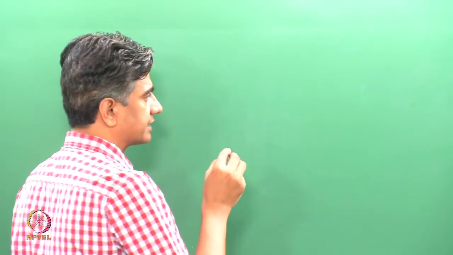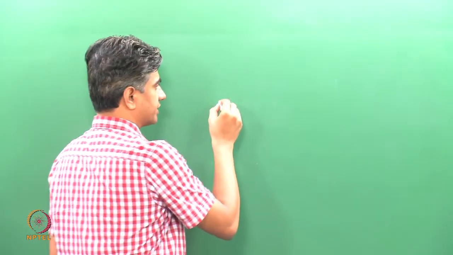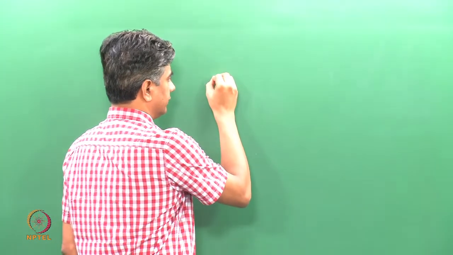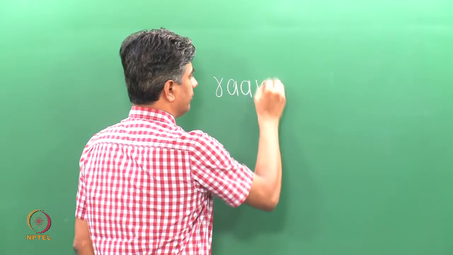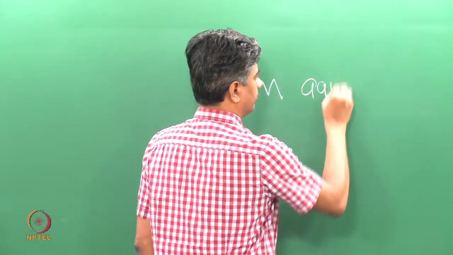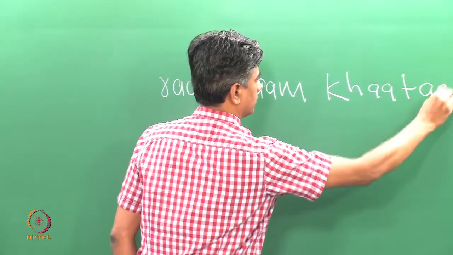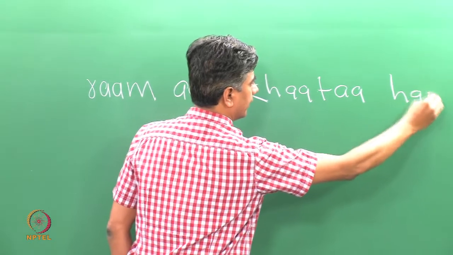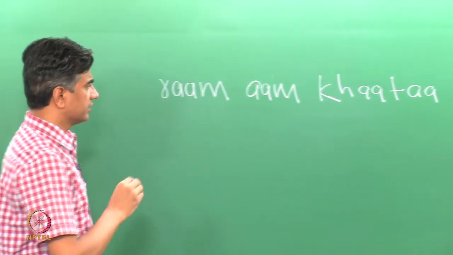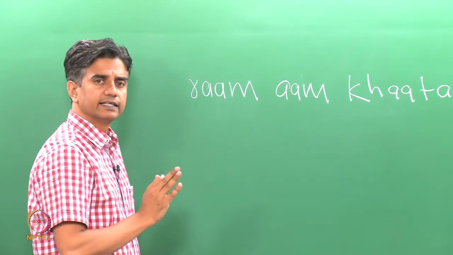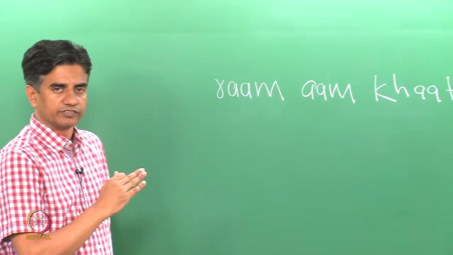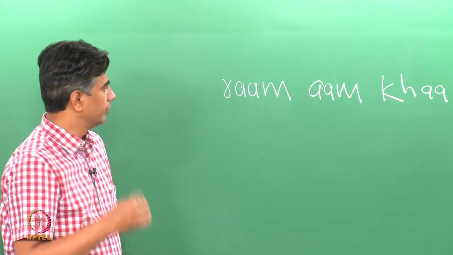I want to give you two examples of what we mean by typological classifications. So, here is a sentence, which is Ram आम खाता है. I am taking a canonical simple Hindi sentence to demonstrate this point.